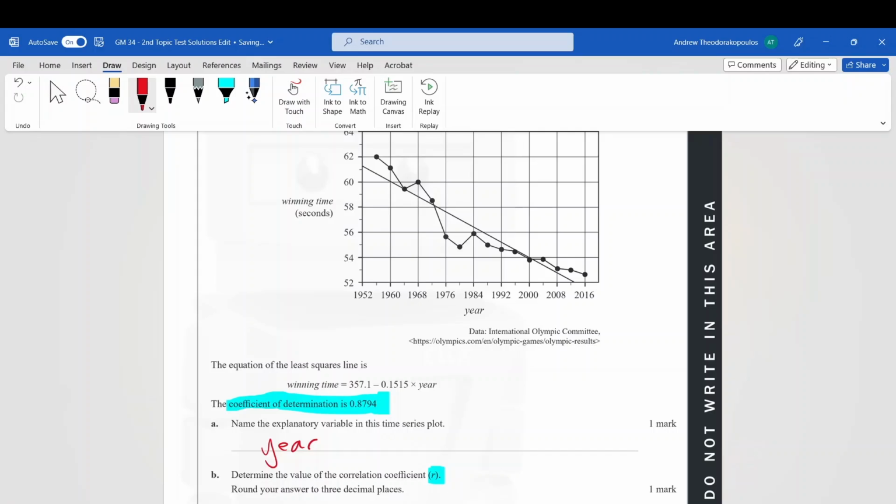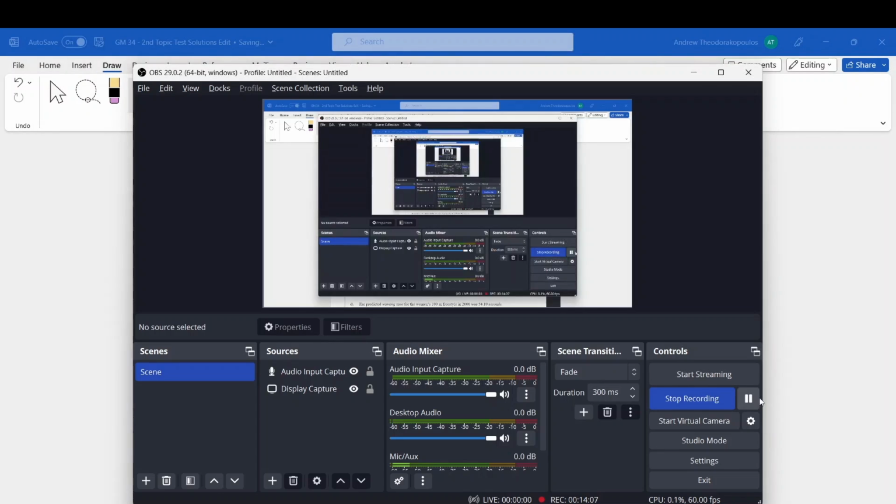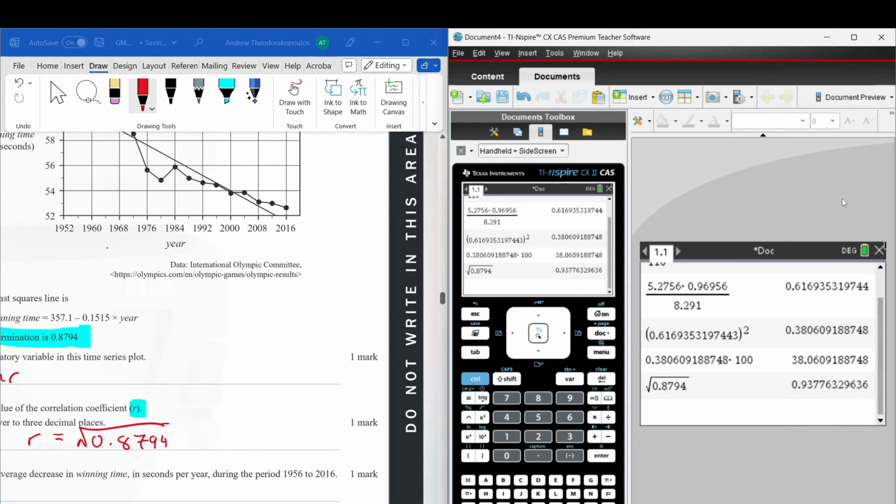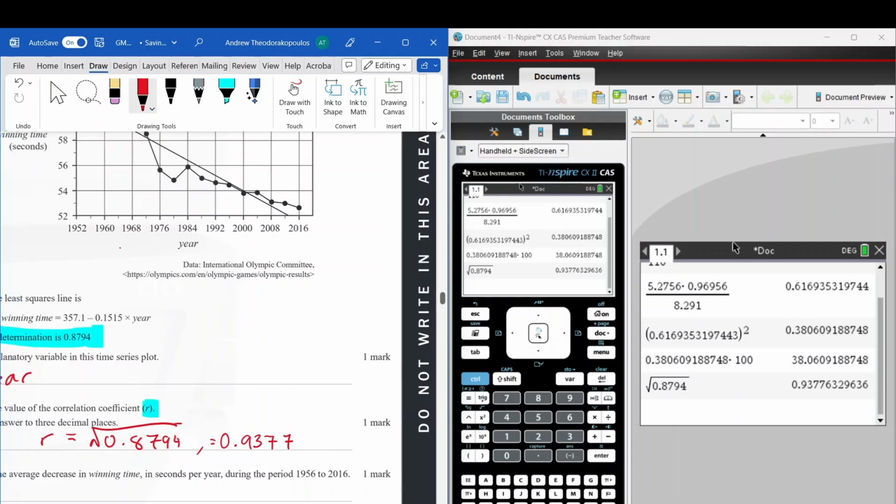So we have the R squared value, which is 0.8794, but what we want is the R value, which is the square root of that number. If you can see from the calculator, it is 0.9377.